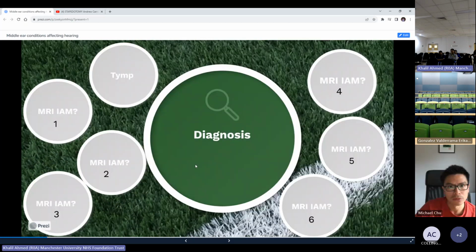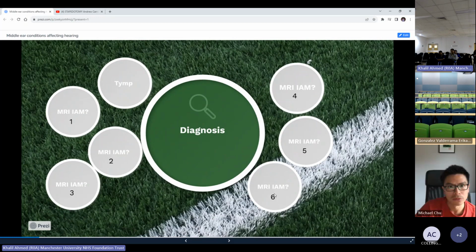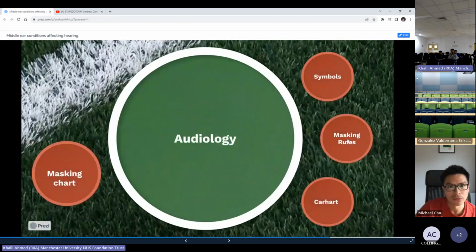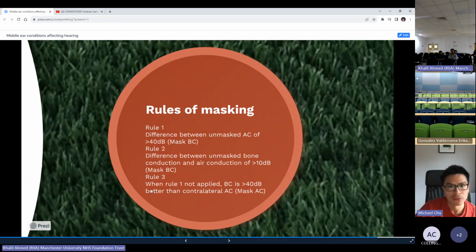Okay. And then the final rule of masking: when you're not using rule 1, if the bone conduction on one side is 40 decibels better than the contralateral air conduction, it could be that when you put your air conduction threshold in, because it's 40 decibels greater than the bone conduction on the other side, the other side's cochlea has heard it.